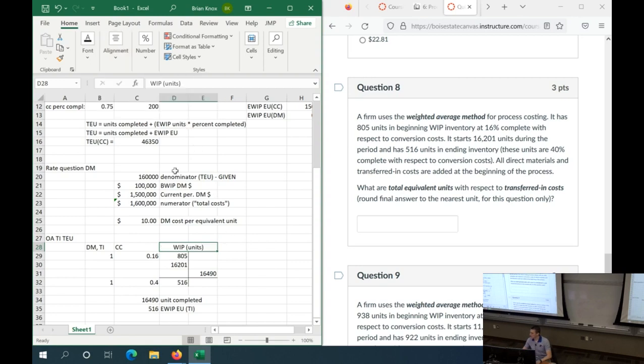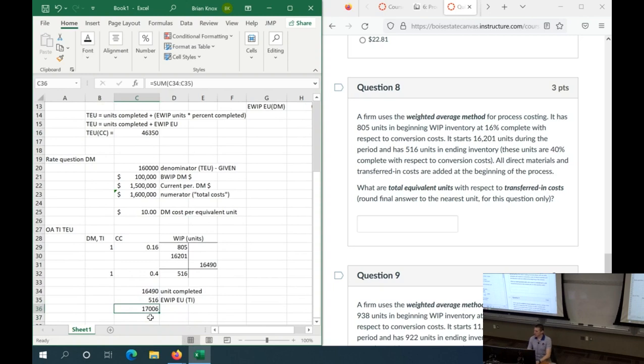I have to find everything when it's shrunk half screen, and it takes me a while to find it in the ribbon. All right, I've made notes to the side for these two right here, what their percents complete are, the beginning WIP and ending WIP. And now we have these right here. So now our total equivalent units is going to be the sum of these. Is that right? I see a nod. Good. We agree? Okay.